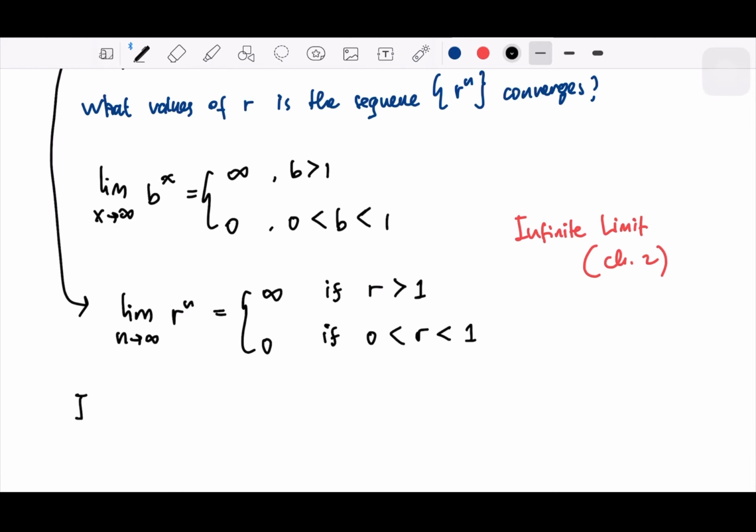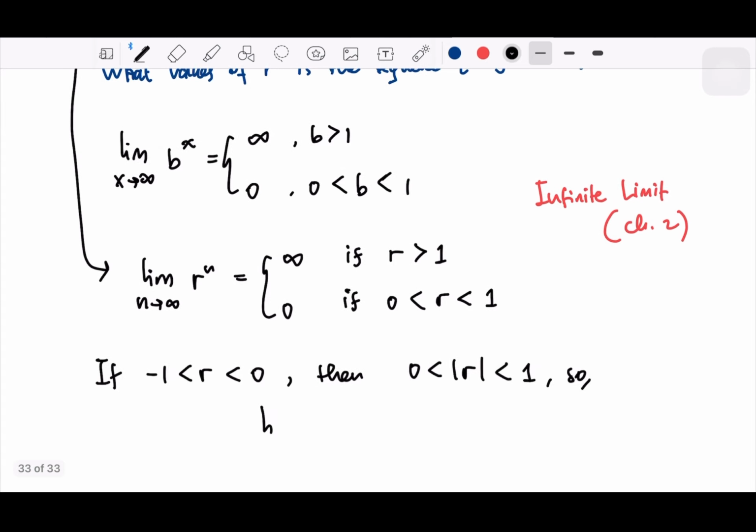Okay, if we look at the interval -1 less than r less than 0, and take the absolute value, then by the limit law that we have, we can say that the limit as n approaches infinity of the absolute value of r to the power of n will be equal to 0.